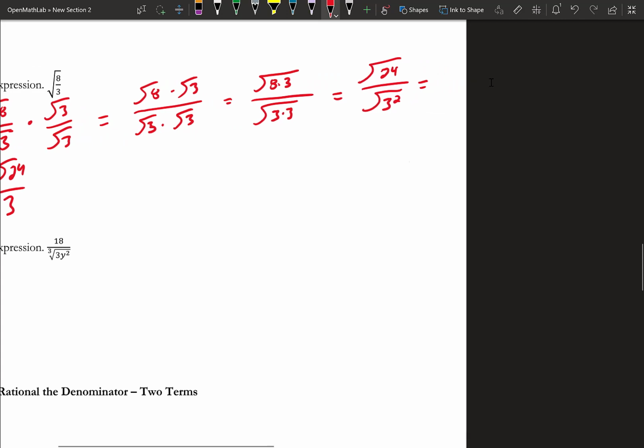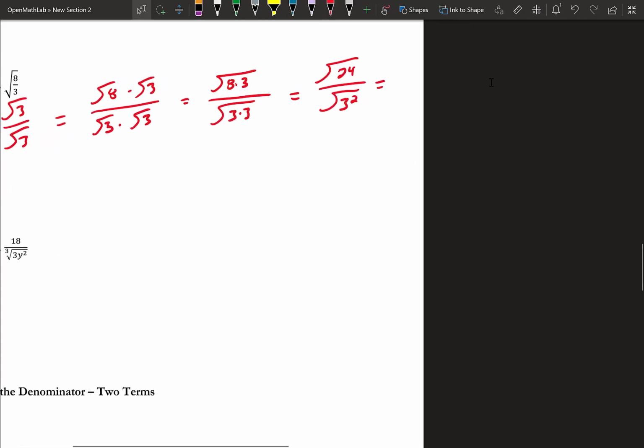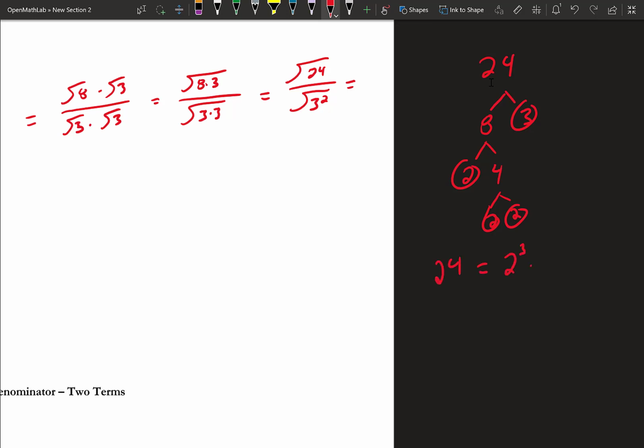And then we can simplify this. So the prime factorization of 24, we know we have 8 times 3, and 8 is 2 times 4, which is 2 times 2. Right, so the prime factorization of 24 is 2 cubed times 3.